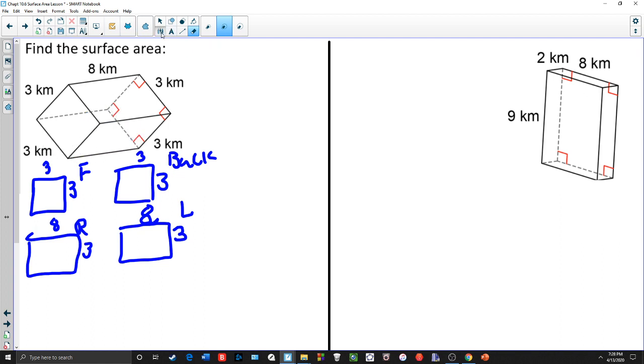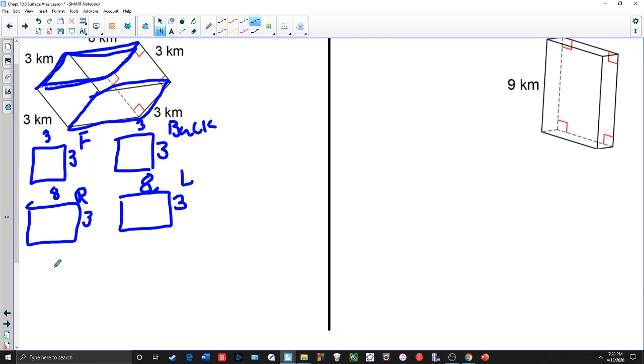But we basically have this top looking piece, and we have this bottom looking piece right here, which again are both 8 by 3 because the base is a square, so we're going to have a lot of repeats here. So 8 by 3 for top, and 8 by 3 for bottom.